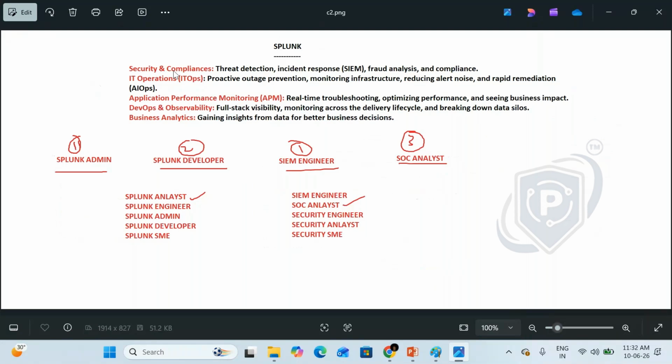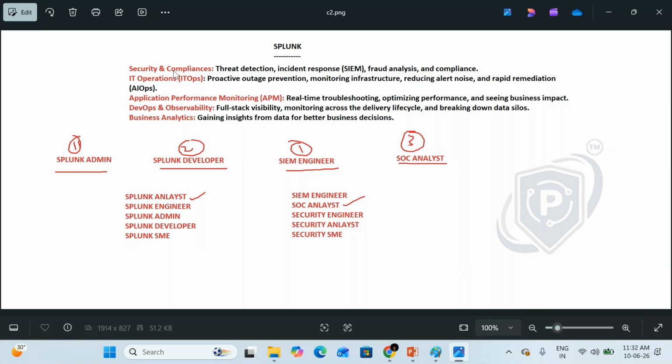Only on the basis of the Gartner report? No. The Gartner report is also one of the best. Apart from that, Splunk can do multiple things. You are just learning Splunk as a SOC analyst, but Splunk has inbuilt capabilities for doing multiple things.